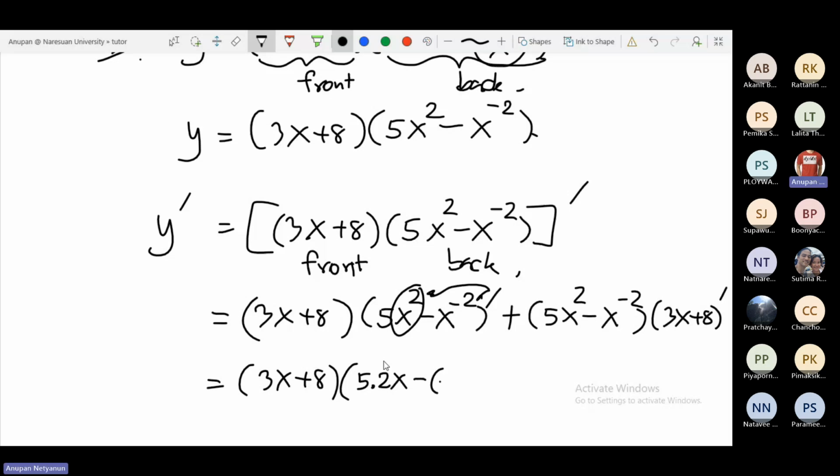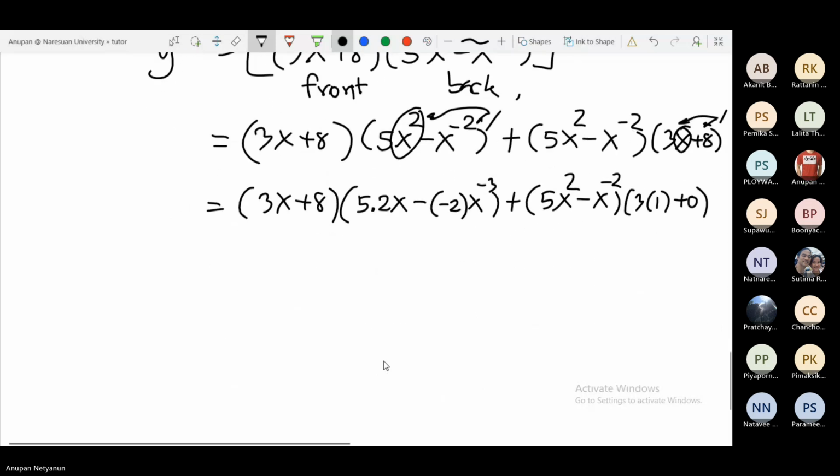Bring down -2 and reduce -2 by 1, subtract 1, so I have -3. Okay. This is the same. And derivative distributes inside. Okay. 3 can come out. Derivative of x is 1, right? And derivative of 8, which is a constant, is 0.